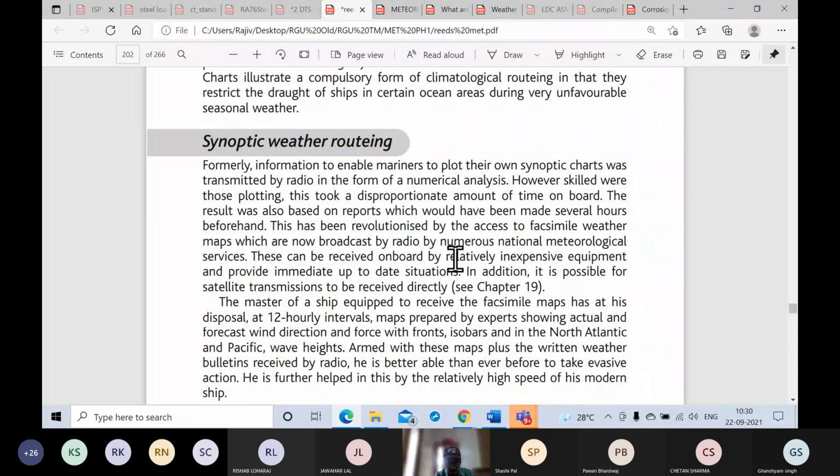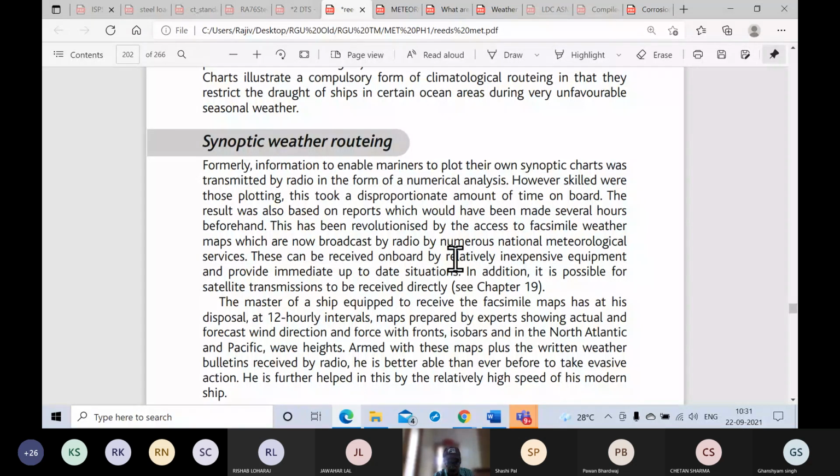Weather maps transmitted by shore-based authorities or shore-based meteorological centers come at almost 6 hour intervals. They could be 12 hours, but mostly 6 hours. And most of them are listed in the Admiralty List of Radio Signals, which tells you at what time they are going to transmit.